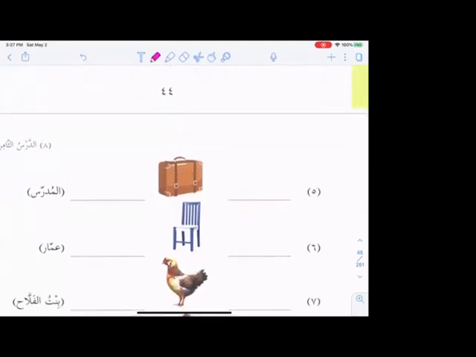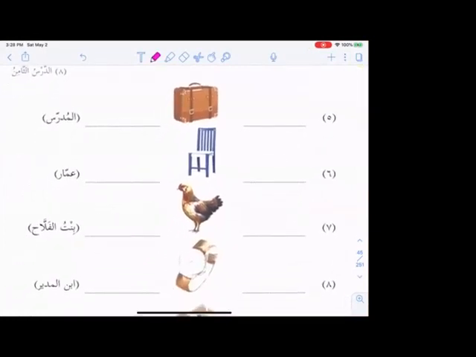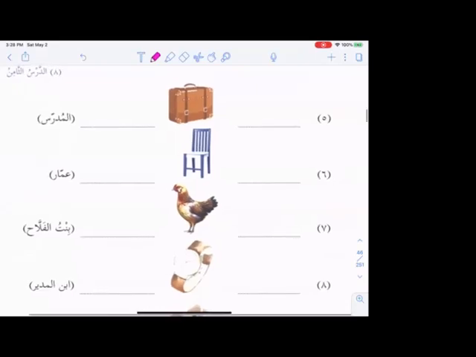Now you will say, liman hazal kursiyu. Hazal kursiyu li ammarin. Liman hadhihi dajajatu. This is a chicken, so it is muannas. Liman hadhihi dajajatu. هذه الدجاجة لبنت فلاحين.